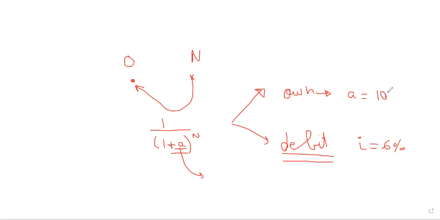Then you need to know how your money is divided. Let's say 60% from your own money and 40% from debt, or a certain loan from a bank.